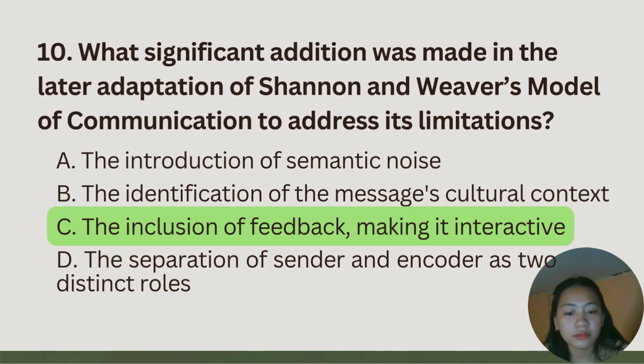The sender is the information source and the encoder is the transmitter. So the most significant addition that addresses the model's limitation and made it interactive is letter C, the inclusion of feedback, making Shannon and Weaver's model of communication interactive.